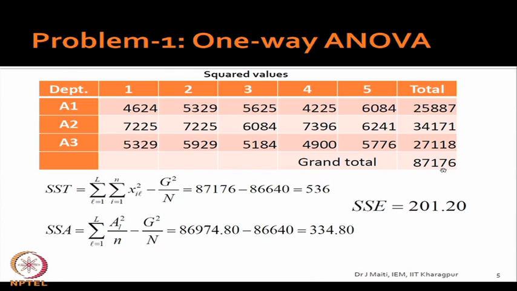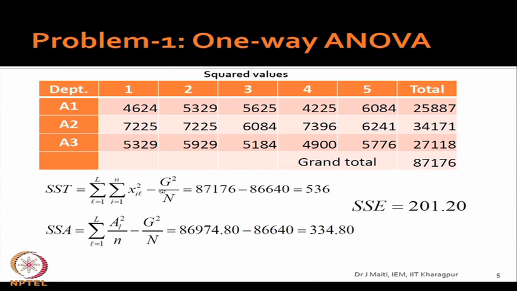So, the SST calculation formula is sum over L equal to 1 to L, I equal to 1 to N, XIL square minus this. Now, this value is the sum of squares of all these values. So, it is 87176 minus G square.